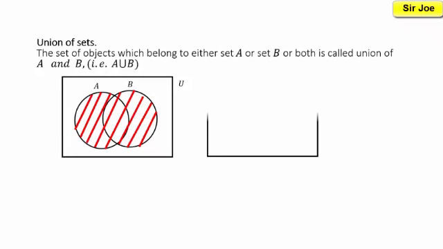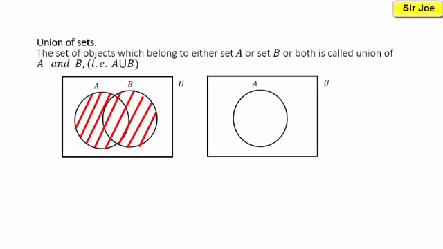Now let's look at the next diagram over here. Given the universal set, rectangle over here, then we have a set A and we have set B. The whole of A and B will become our union.